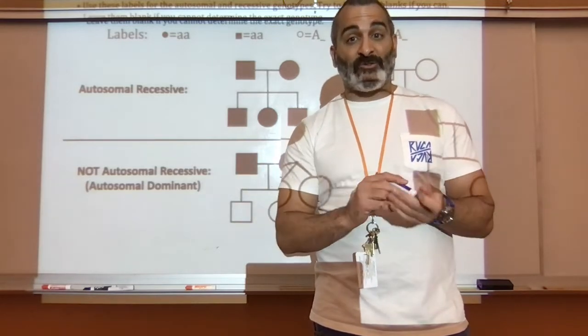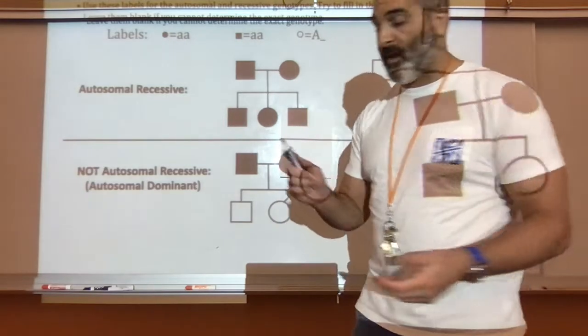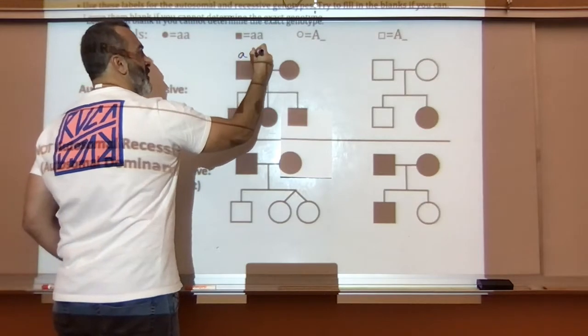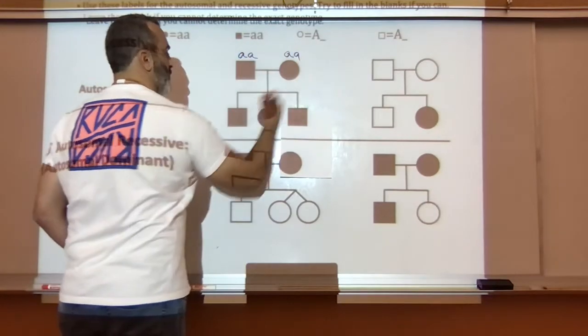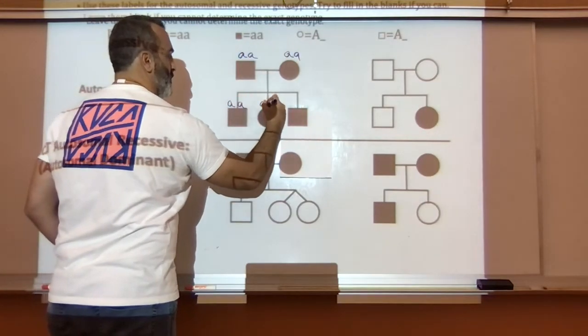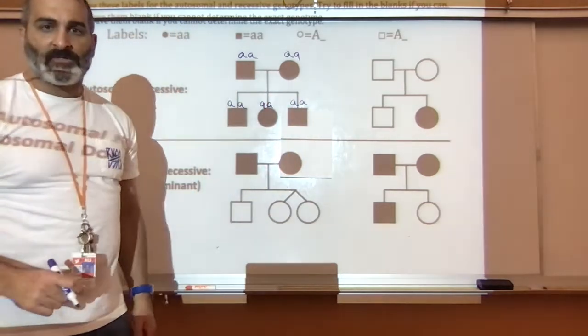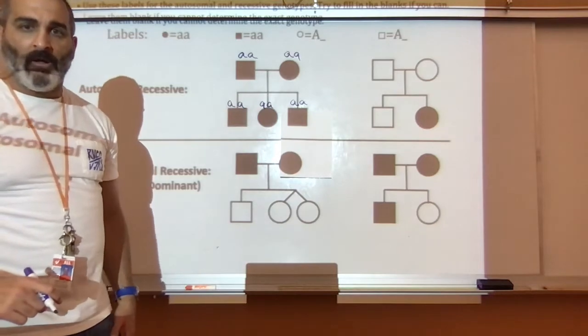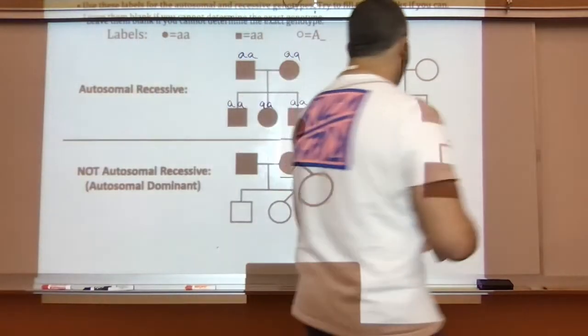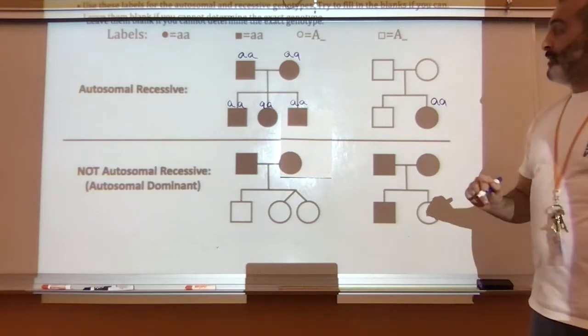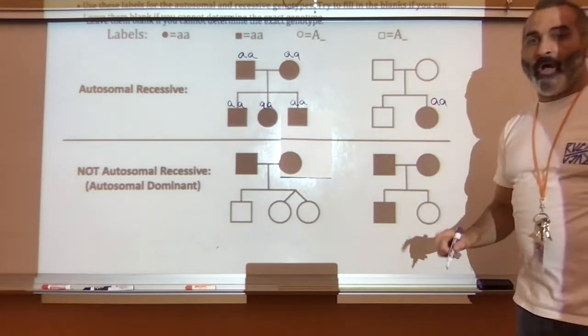So if you think it's autosomal recessive, you start labeling it. Let's label it. Everybody shaded in is a small a. That works. Small a's everywhere. Over here, small a, small a, but we have a bunch of unshaded people.